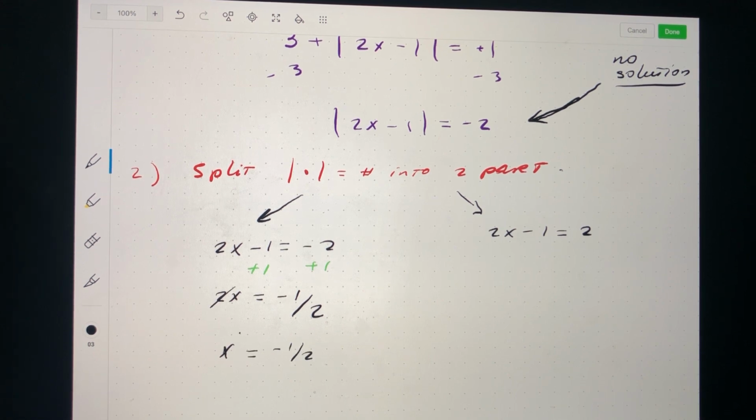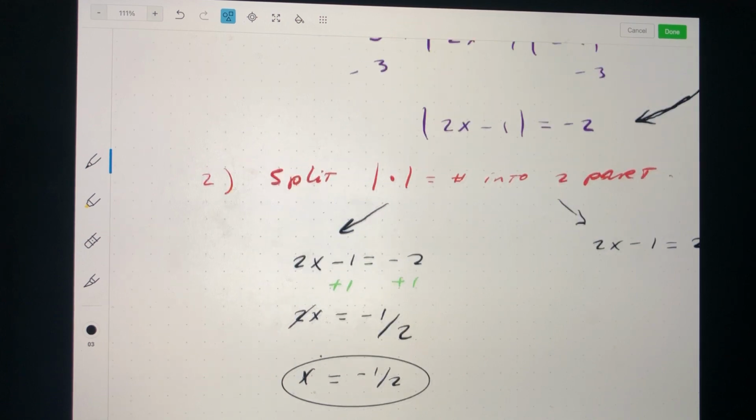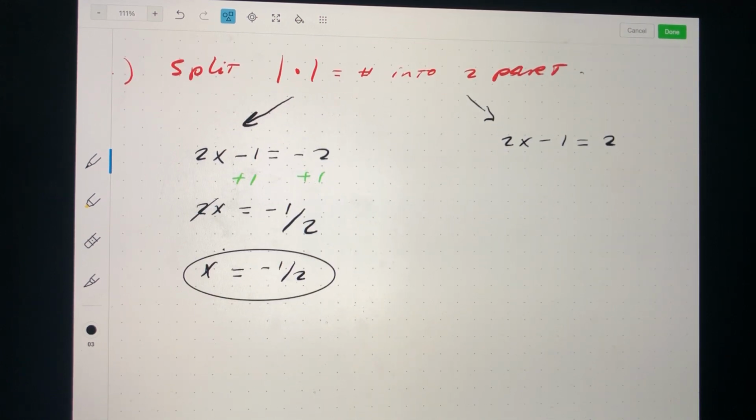So that's one solution. The second solution: we do exactly the same process on the second side. Adding 1 to both sides makes 2x is 3. Canceling the 2 by division, we get x is 3/2. These are the 2 solutions.